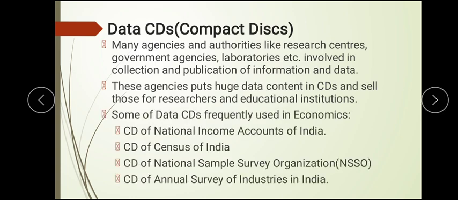Some of the CDs available are the CD of National Income Accounts of India, the CD of Census of India, the CD of the National Sample Survey Organization, that is NSSO, and the CD of Annual Survey of Industries in India. These are some examples of CDs which are frequently used in the study of economics.